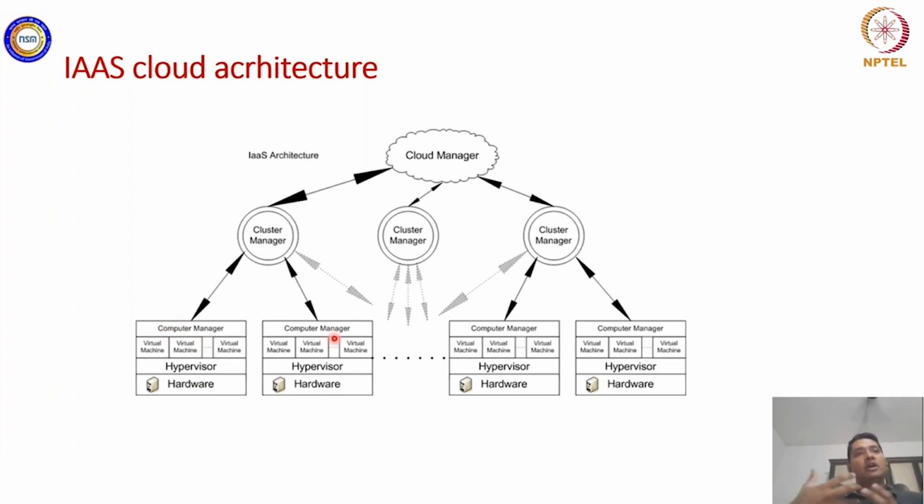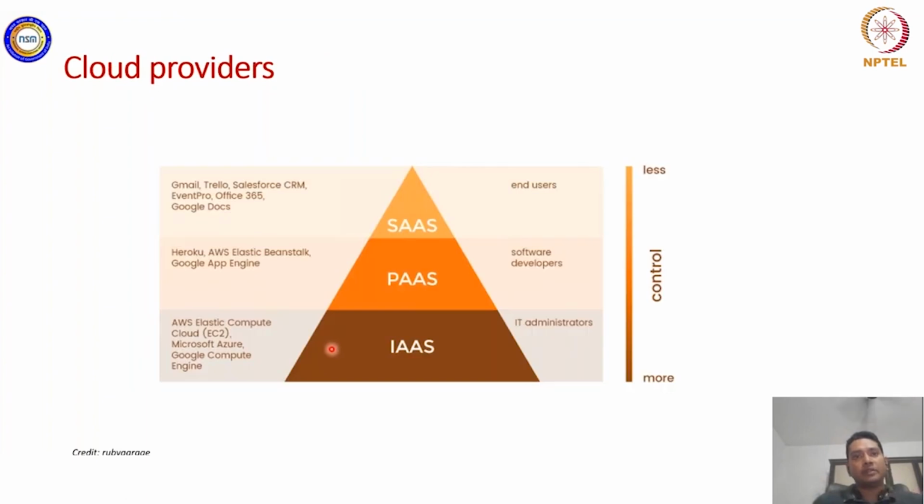So who are the service providers? Just to have an idea of what kind of service providers there are for different levels of services. Infrastructure services are provided by AWS, Amazon, Microsoft, and Google Compute Engine. These are mostly accessed by IT administrators.